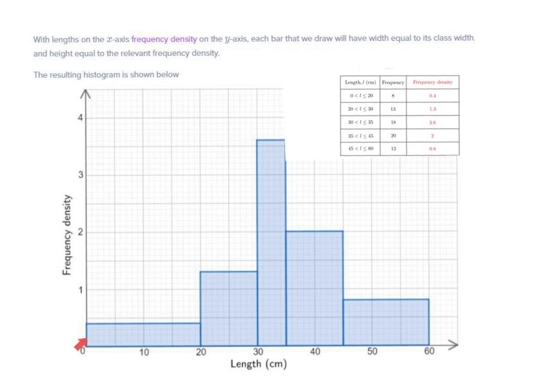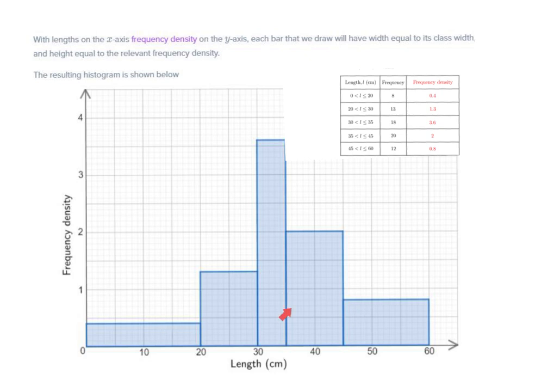So for 0.4 we have 4 small squares. The next set, 1.3, so this 1 and 3 small squares. From 30 to 35, the height 3.6. So we have 3, and this 0.5, 3.5, and 1 more square, so 3.6, and so on.